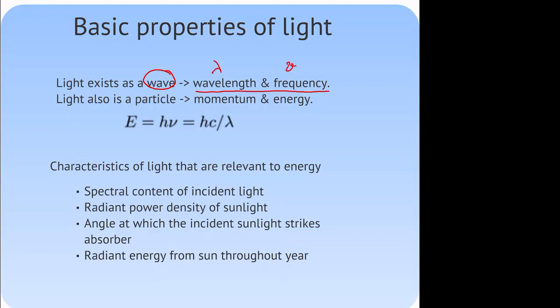But light is also a particle, which we have realized for about 100 years because of quantum theory. And the particle of light is referred to as a photon. And here we define, in the case of a particle, like a soccer ball, for instance, it has momentum and energy.